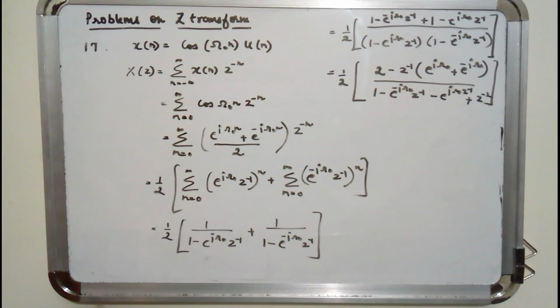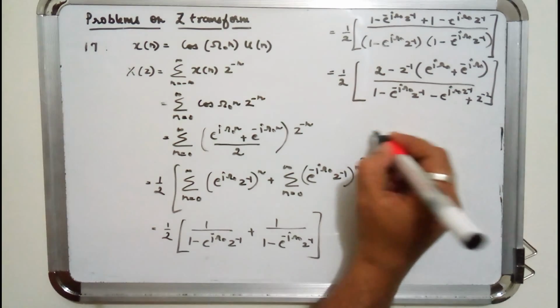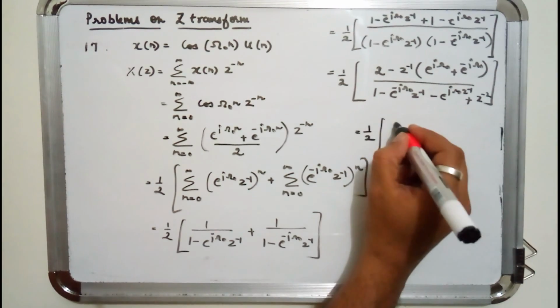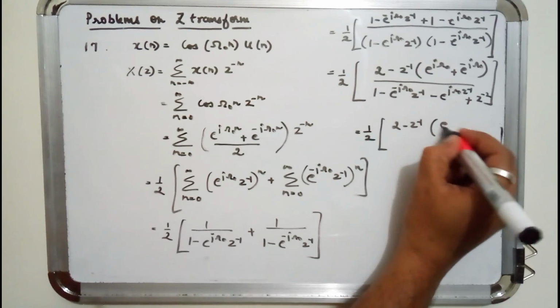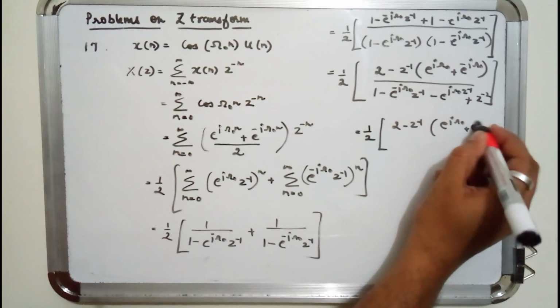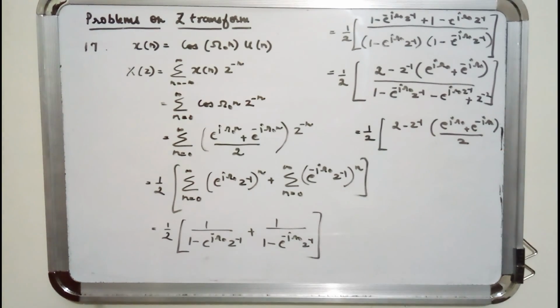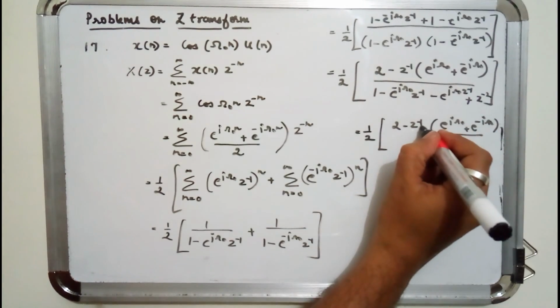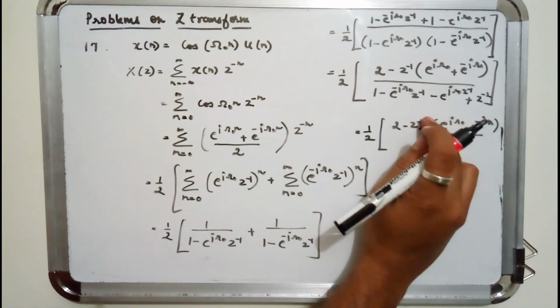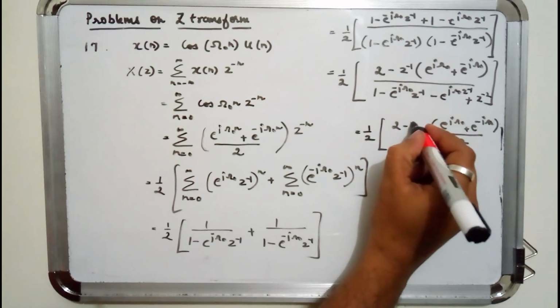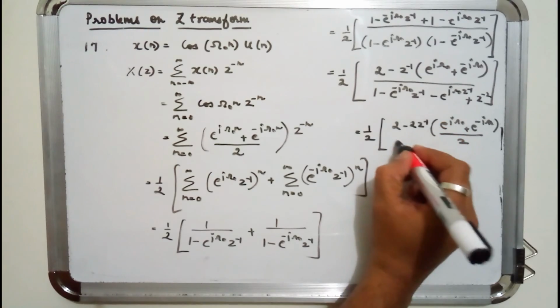Now if I still simplify this, 2 minus z inverse, here e power j omega naught plus e power minus j omega naught divided by 2 if I do, and in order to nullify it I'll multiply by 2 here, so it will become 2 z inverse.